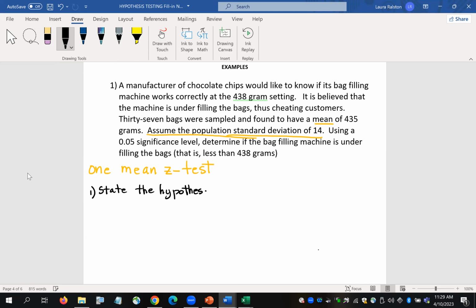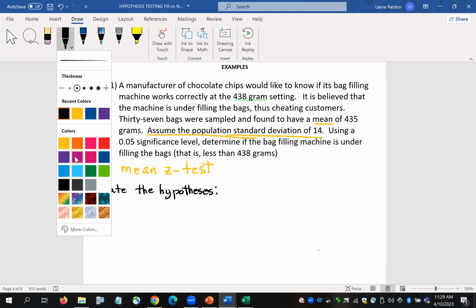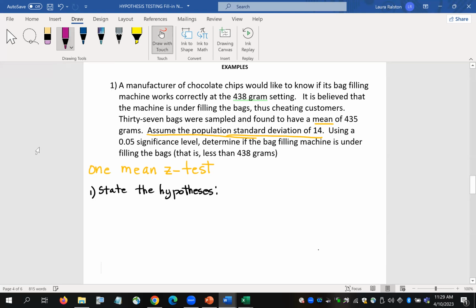Now, before, when we were looking at the normality test, the hypotheses were pretty much predetermined for you. It would always be the variable follows a normal distribution, and the alternative would be the variable does not follow a normal distribution. It's not so clear cut in these problems, so you have to identify what that hypothesis is.